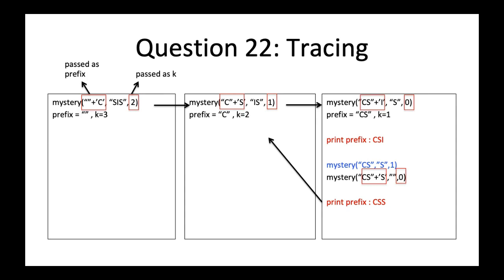Now we go back a step. After the recursion of the previous black method has ended, the method in blue is called using the original prefix and k values, which in this case were C and 2. The black method is called leading the prefix CIS to be printed.